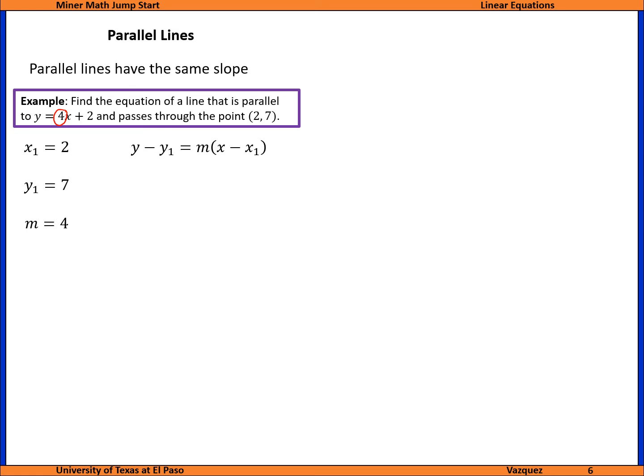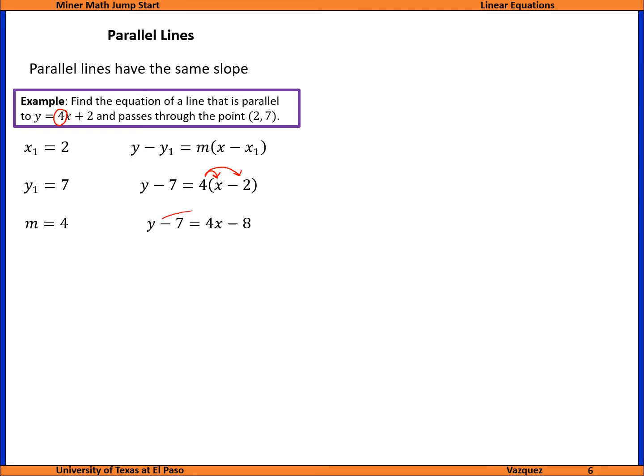So we can just plug those in, again, as we did in the previous slide. And again, it's just simplifying from here on out. We'll have that 4 times x is 4x. 4 times negative 2 is negative 8. So we'll have y minus 7 equals 4x minus 8.